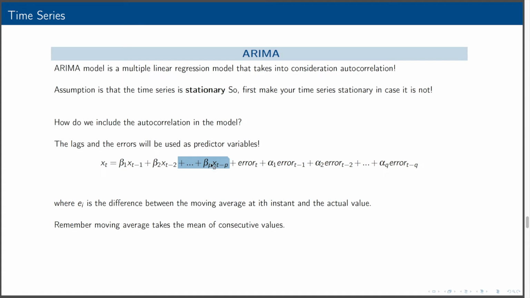You have to decide how many times before, and each of these values will have a coefficient: beta 1, beta 2 to beta p. These are the same coefficients as in multiple linear regression, but we're not taking other variables to predict, but itself.